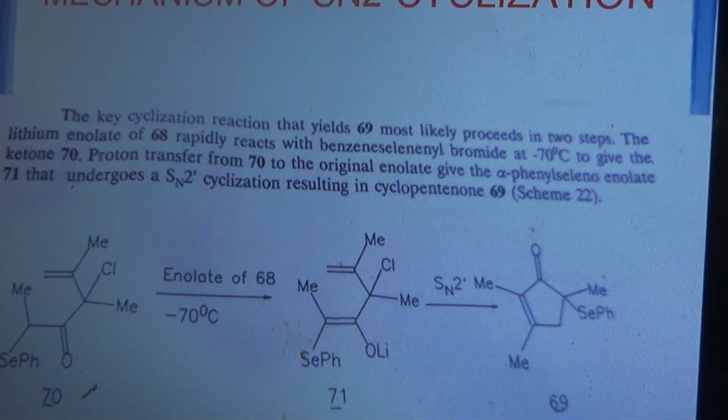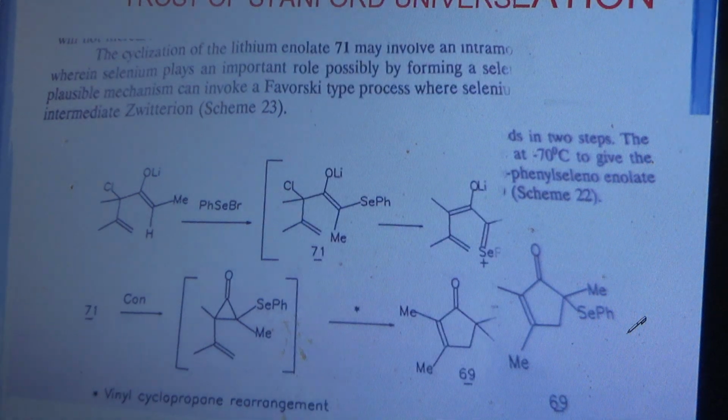in the first case, in the simple enolate reaction, the enolate is formed first. And this enolate reacts with the allylic system in an SN2 prime. It attacks here to give the cyclopentenone with selenium. And this happens at very low temperatures. Very facile reaction.